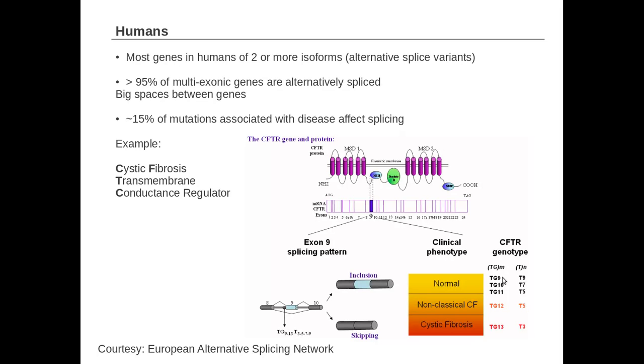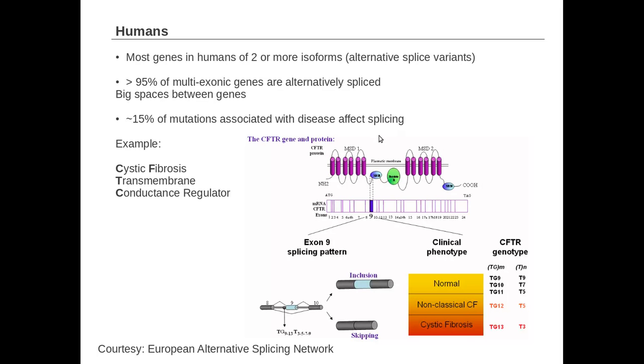So a TG run of 9, 10, or 11 TGs in a row, combined with a run of 9, 7, and 5 Ts leads to the normal phenotype. However, these variable numbers of runs of TGs and Ts end up leading to failure to incorporate the exon 9 into the normal mature mRNA at this gene.